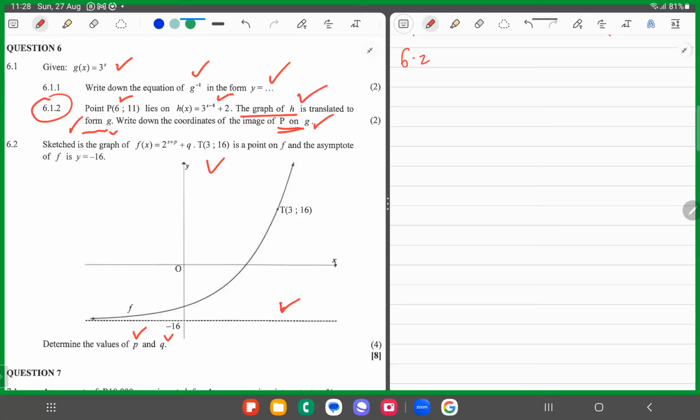So we want to find the values of p and q. First things first, it's advisable to write down the equation that has been given in the question. It is 2 to the power x plus p, with q added. So if the asymptote is minus 16, it means our q is minus 16.